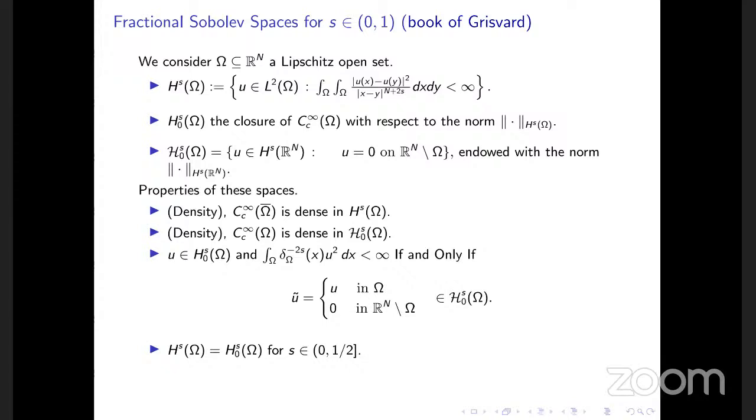For s strictly smaller than 1/2, it's not that difficult to prove. But for s equal 1/2, which is critical, it's not easy to prove. For this result, one can look at the book of Grisvard, where he also quoted the works of Jacques-Louis Lions.